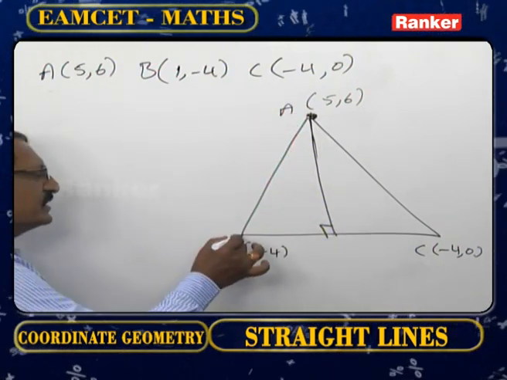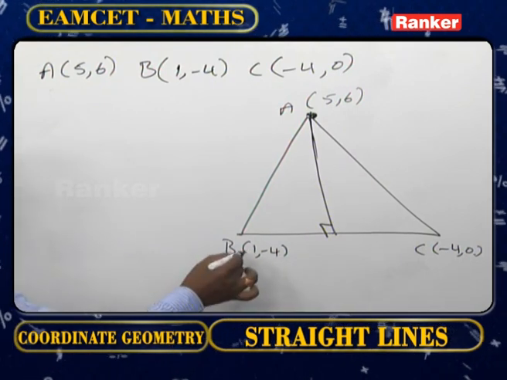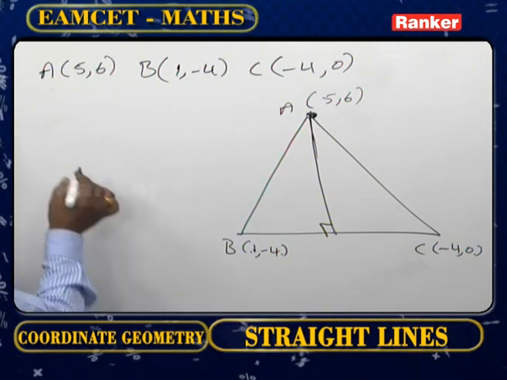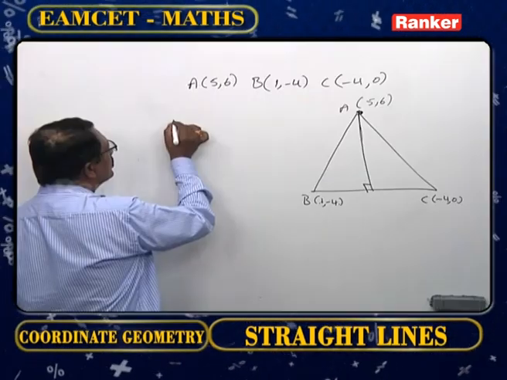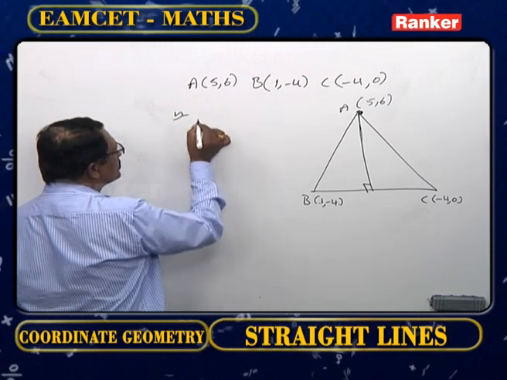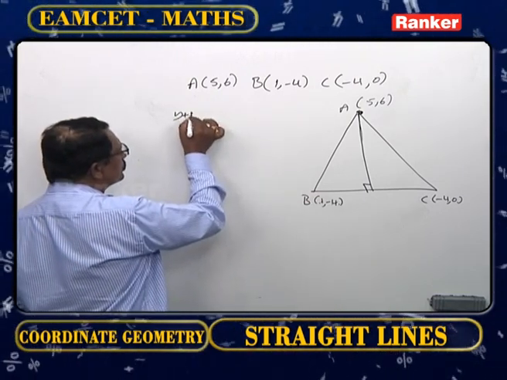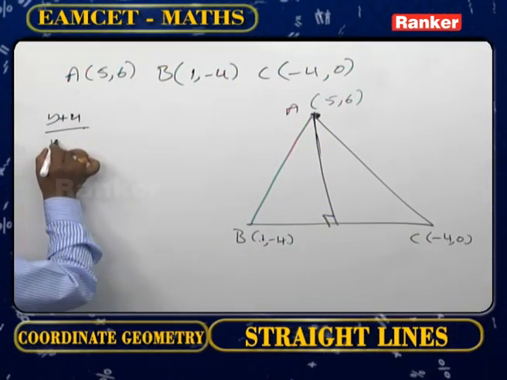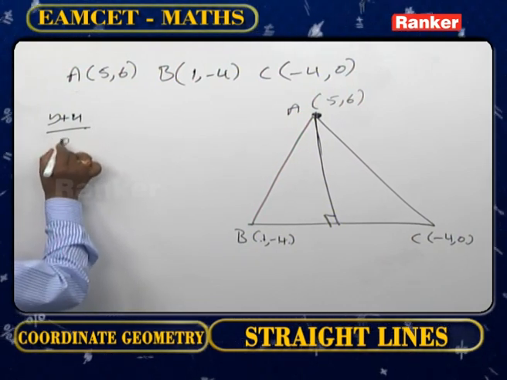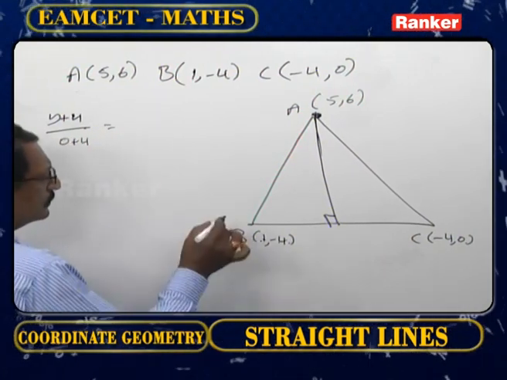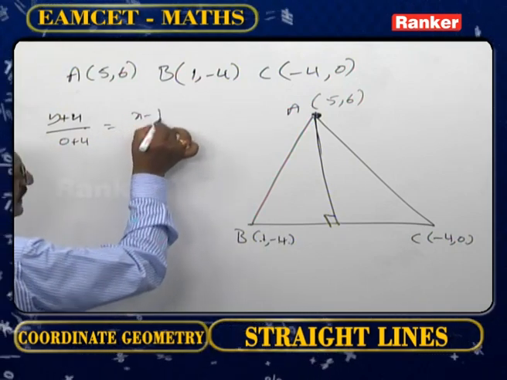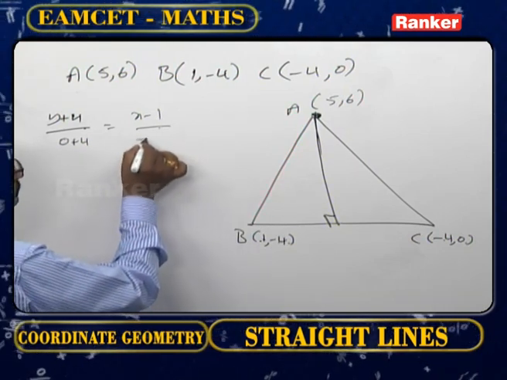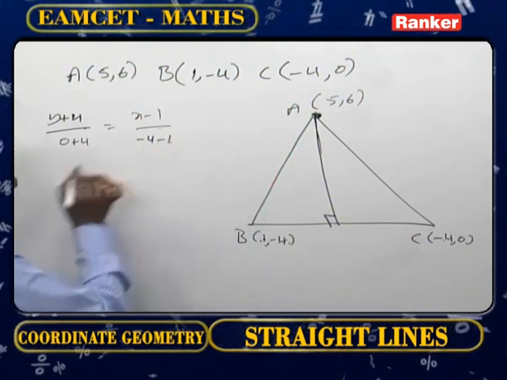First, the equation of the straight line passing through the two points (1, -4) and (-4, 0). Now (y minus y1) by (y2 minus y1) equals (x minus x1) by (x2 minus x1), so (y + 4) by (0 + 4) equals (x - 1) by (-4 - 1).